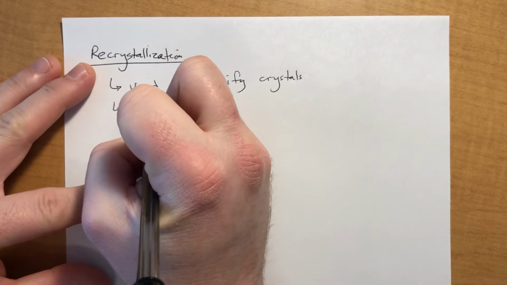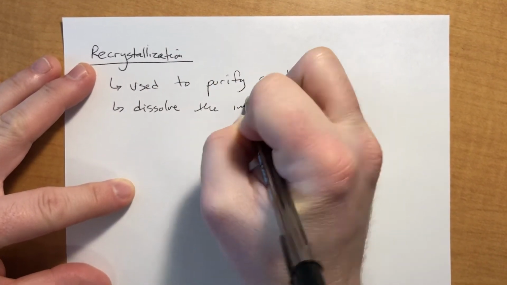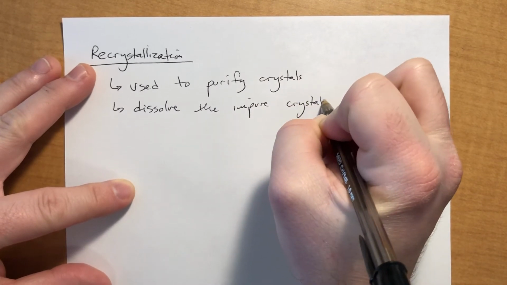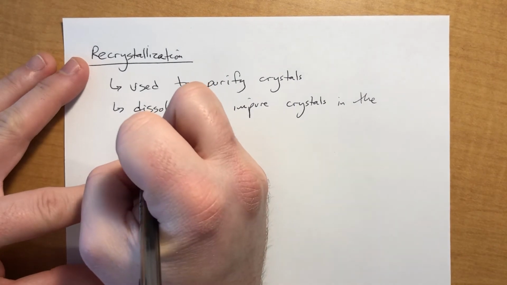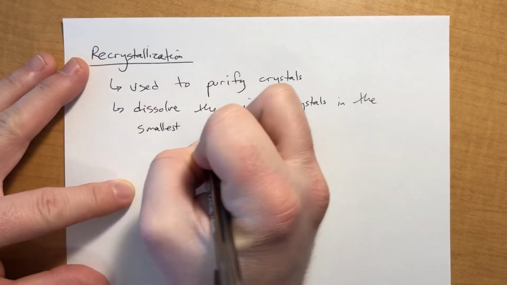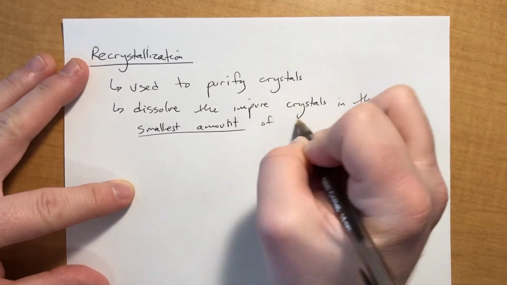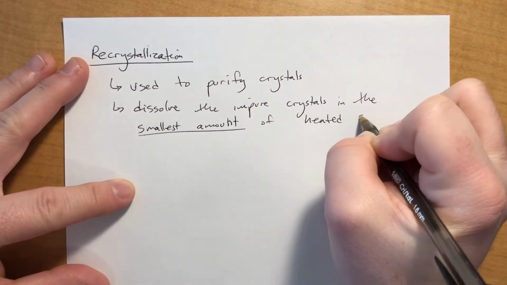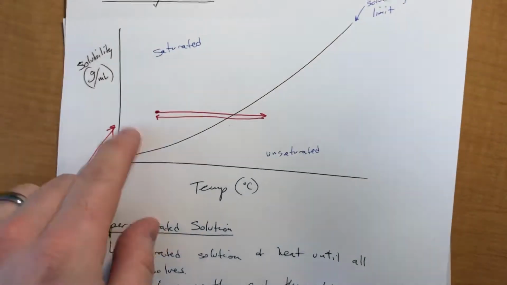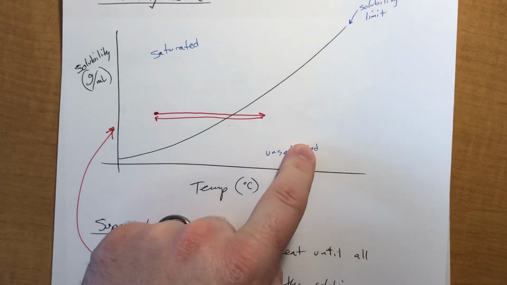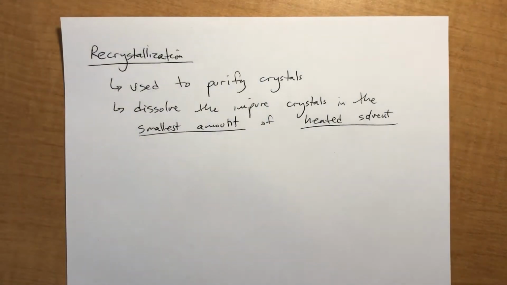Okay, so what you do is you dissolve the impure crystals in the smallest amount of heated solvent. The reason we're using heated solvent is at high temperatures, it will dissolve more. So we want as high a temperature of solvent as you can get. Okay.